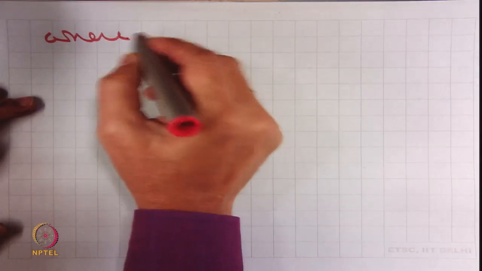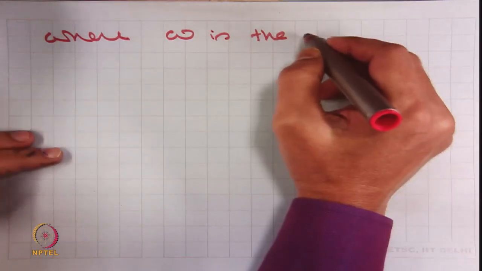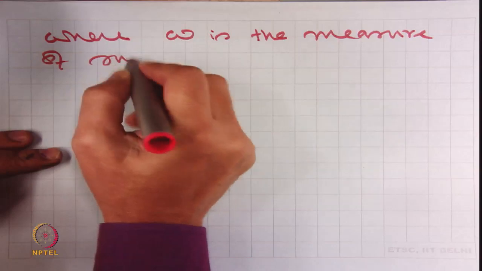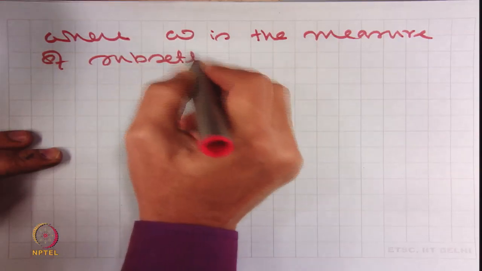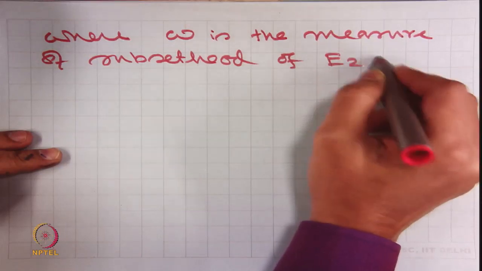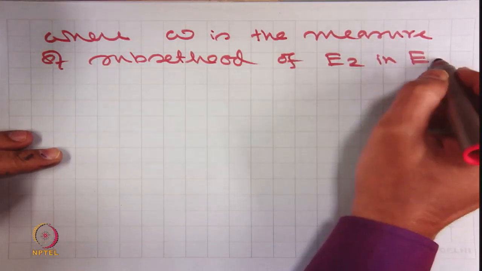where W is the measure of subsethood of E2 in E1.